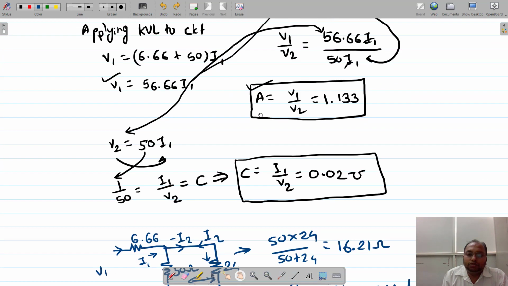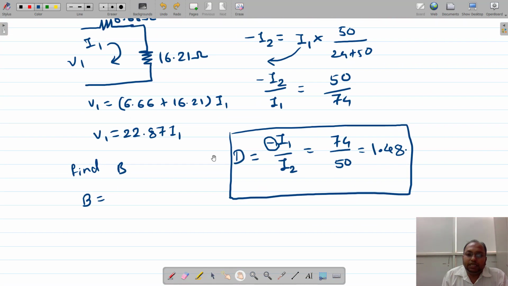So we need to express I1 in such a way that it contains the V1 term, and then I can put that into the equation and find the ratio of V1 to I2. So let us first express I1 in such a way that it will have the V1 term.